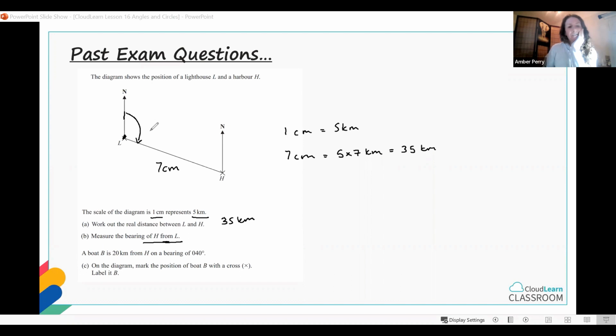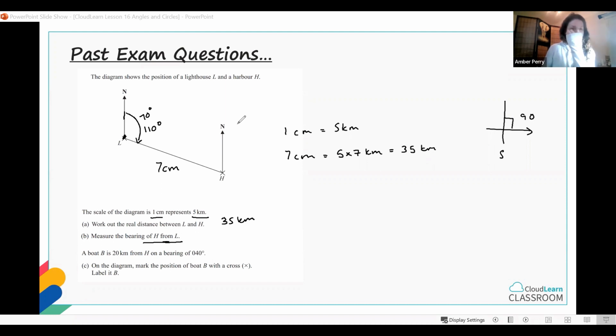This bearing, I believe, should be 110 degrees. You can go back to your knowledge. We've just done that. So I know that you know your rough angles. I know that you know that east is 90, okay? I know that you know that south is 180. So you know that that's going to be about 110. If you've measured it wrong and you've measured 70 there, that can't be right, okay?